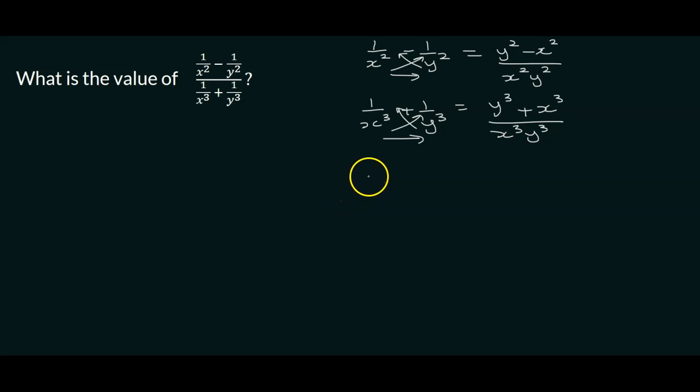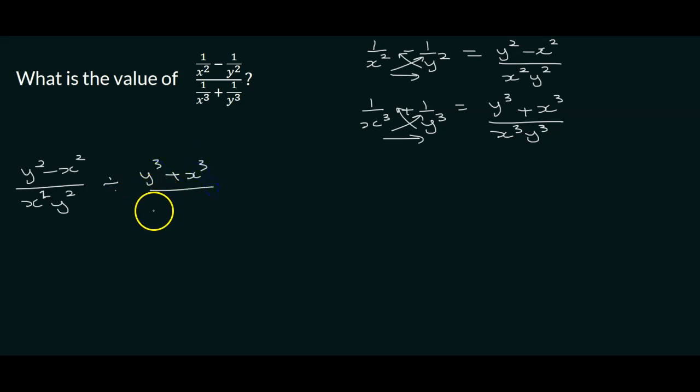Okay, so now that we have that, let's go ahead and try to perform our division. So y squared minus x squared over x squared y squared, divided by y cubed plus x cubed over x cubed y cubed.